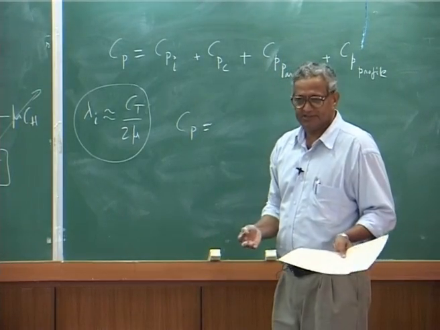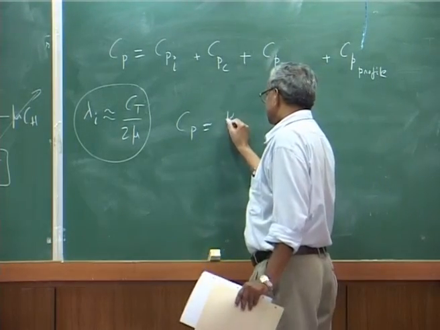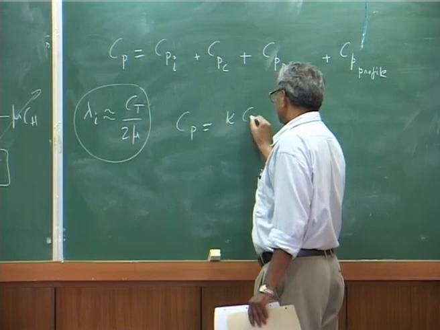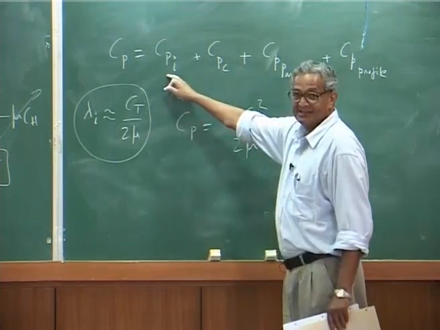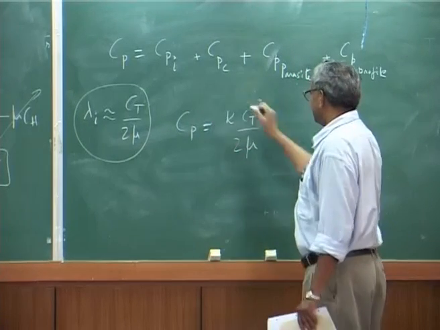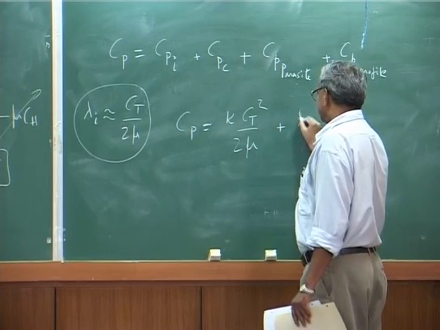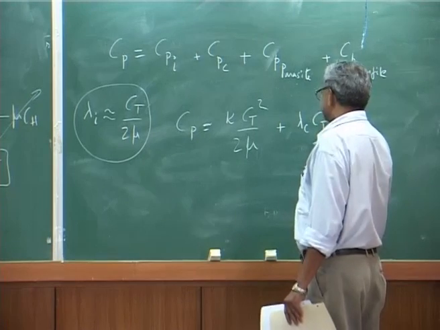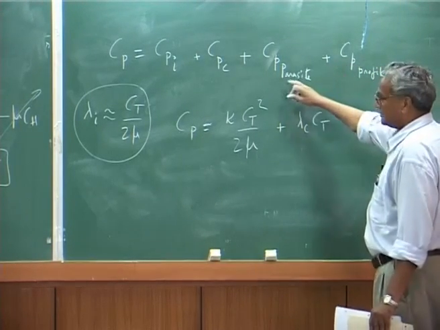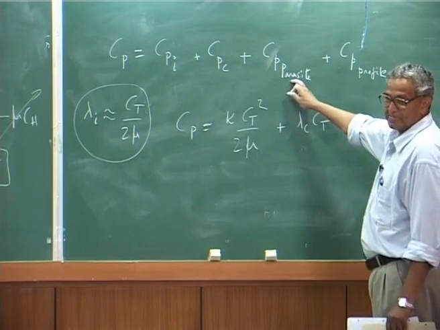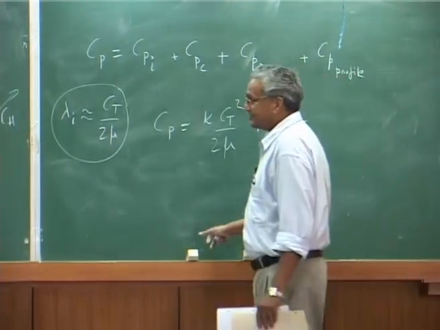Non-uniform inflow is there, so put some factor. So you will get Ct square over 2 mu, that is the induced power. Climb power is lambda_c Ct, okay. And then this power you will now write in a different form.